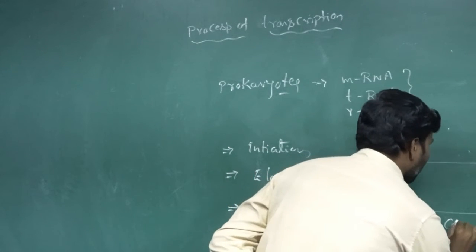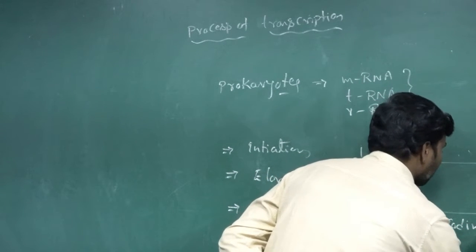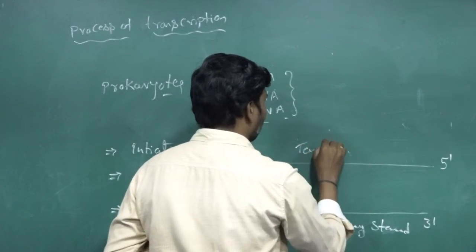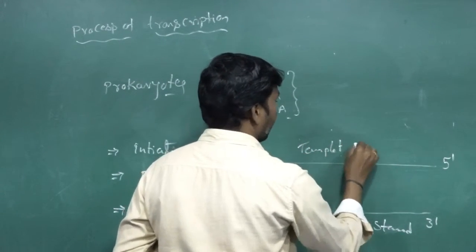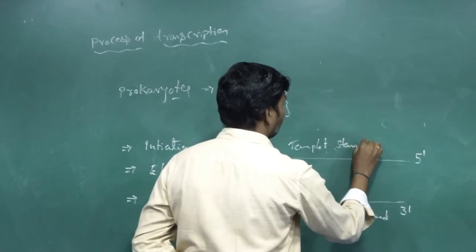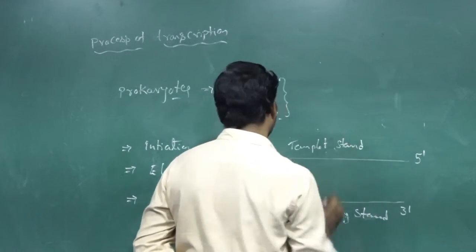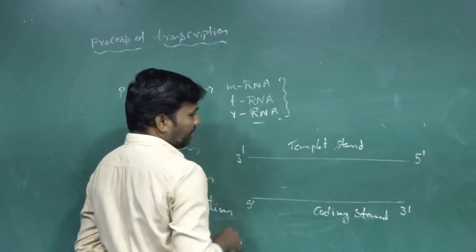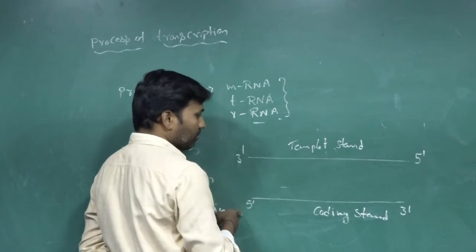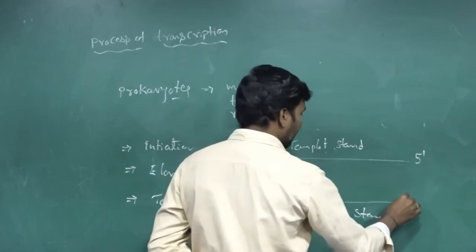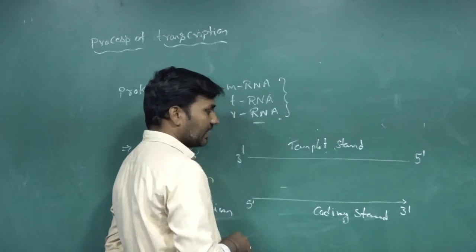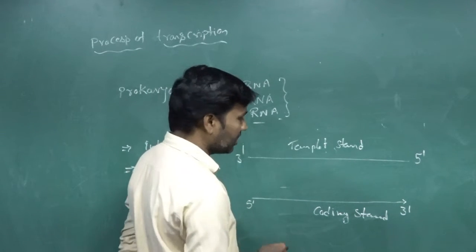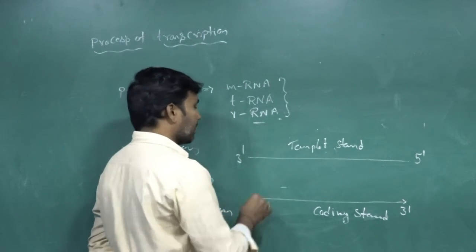One is the coding strand and the other one is the template strand. The template strand has the 3 prime end, and the coding strand the 5 prime. The strand presented in the 5 prime to 3 prime direction is called the coding strand, and the strand presented in the 3 prime to 5 prime direction is called the template strand.